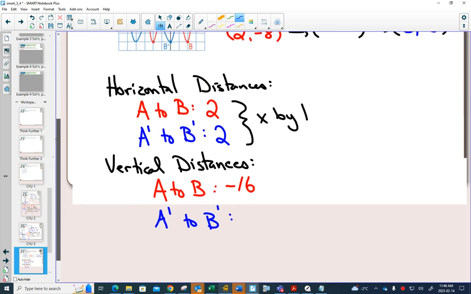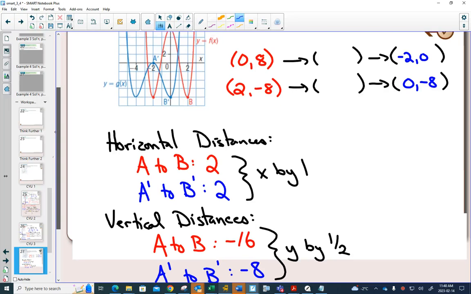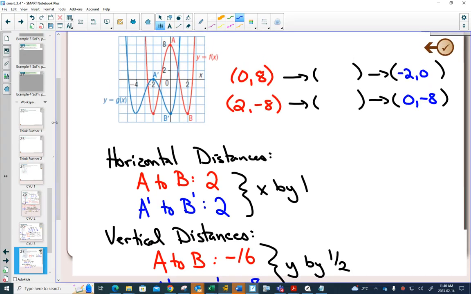I'm going down 8. That'll go to -8. Is there any multiplication that would take you from -16 to -8? You would have to multiply y by 1/2. Now that will allow us to say above these first arrows, I know that we have to multiply y by 1/2.